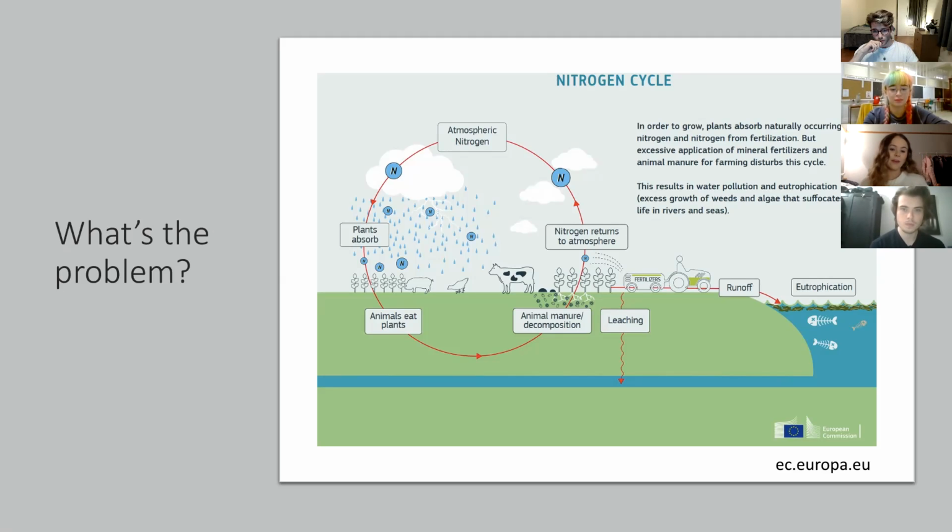Once we've got the excess nitrogen in our water bodies, we end up with eutrophication, as I'm sure we're all familiar with. We get microalgae growing along the surface, and it takes up all of the oxygen, and then we end up with some lovely dead fish, which is not what we want in the slightest.